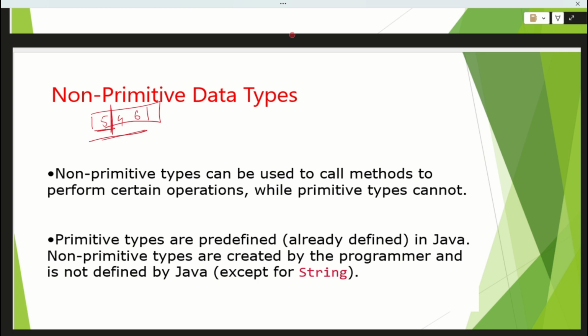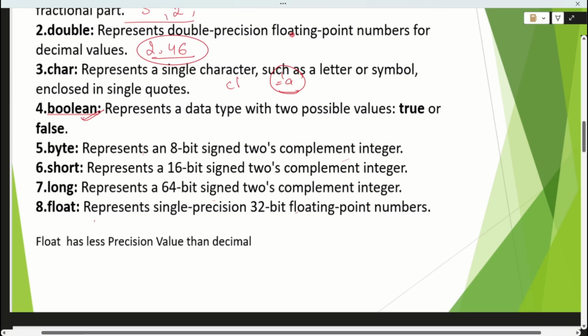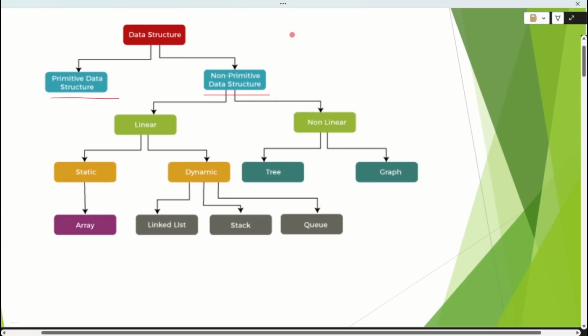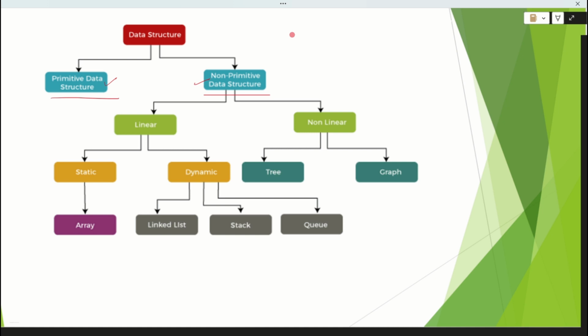Next, primitive data types are predefined in Java, but non-primitive data types are created by the programmers and are not defined by Java, except for the String. So let us go towards the diagram. There are two types of non-primitive data type, linear and non-linear.